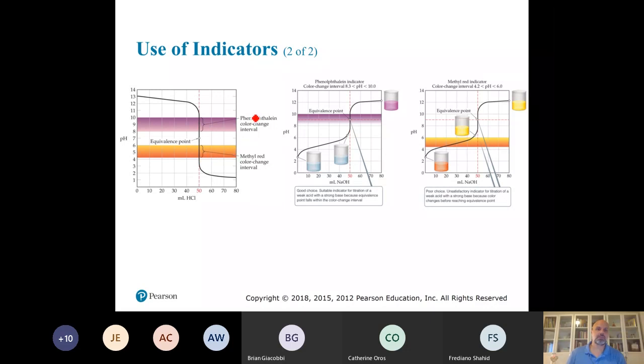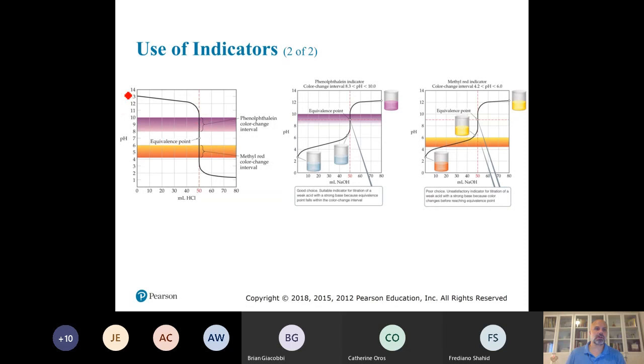Phenolphthalein has a color change interval between a pH of 8 and a pH of 10, meaning it's going to be either clear at one pH or colored at one pH, and then go clear as the color changes.